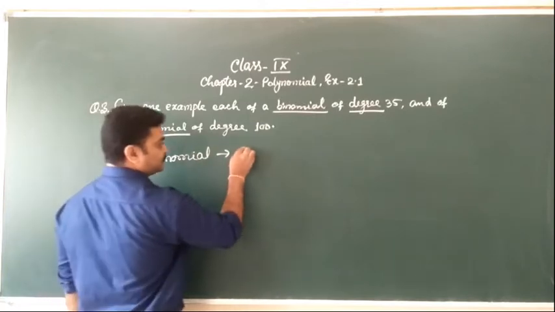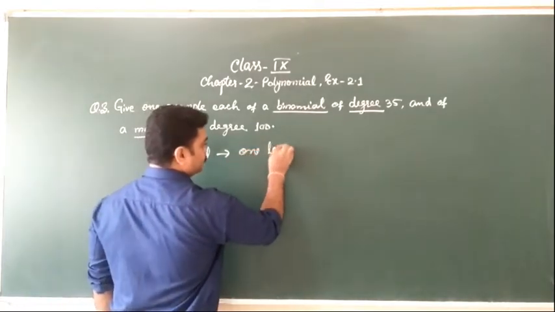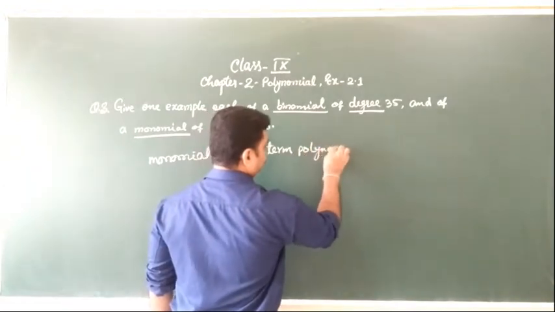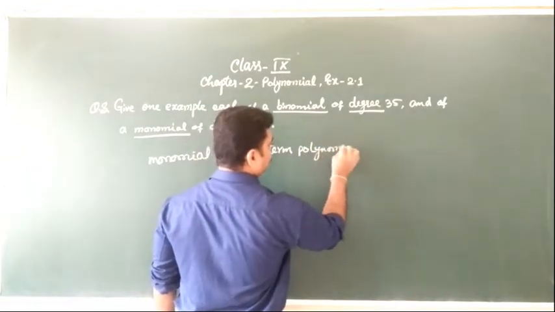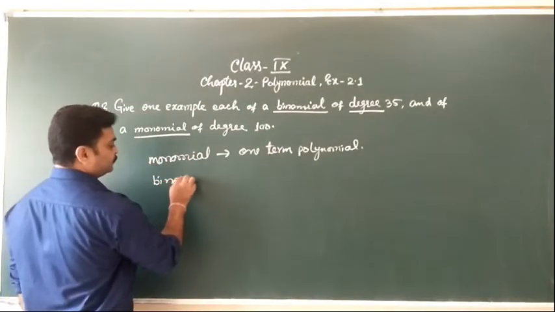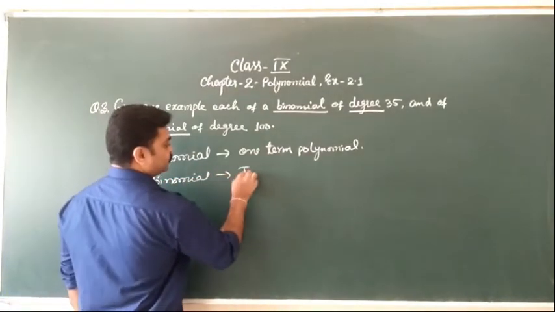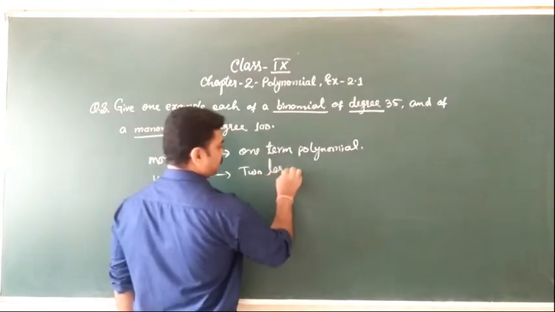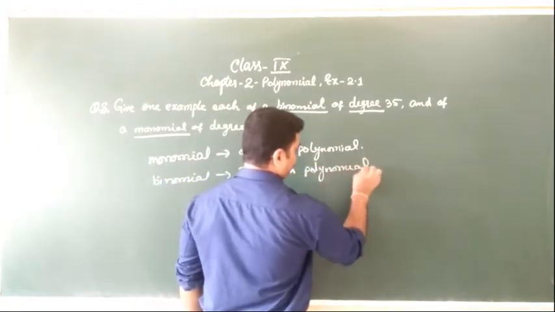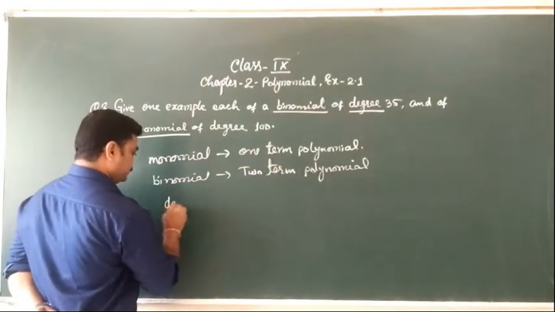Monomial means one term polynomial, binomial means two term polynomial, and degree.